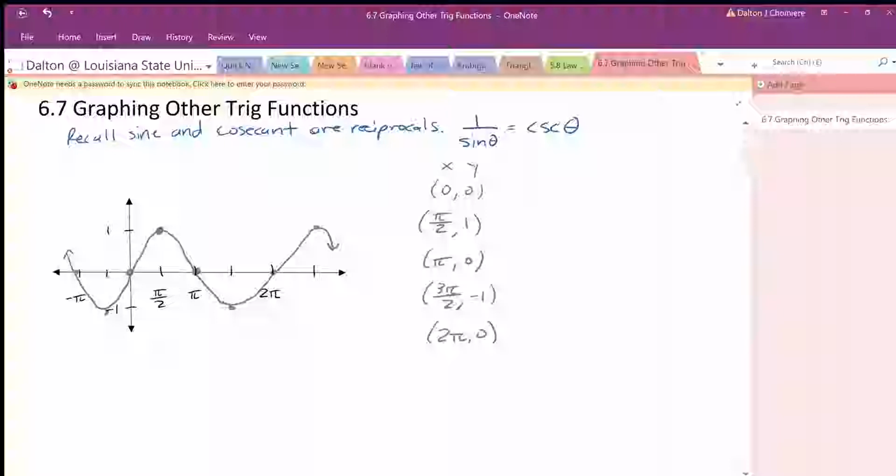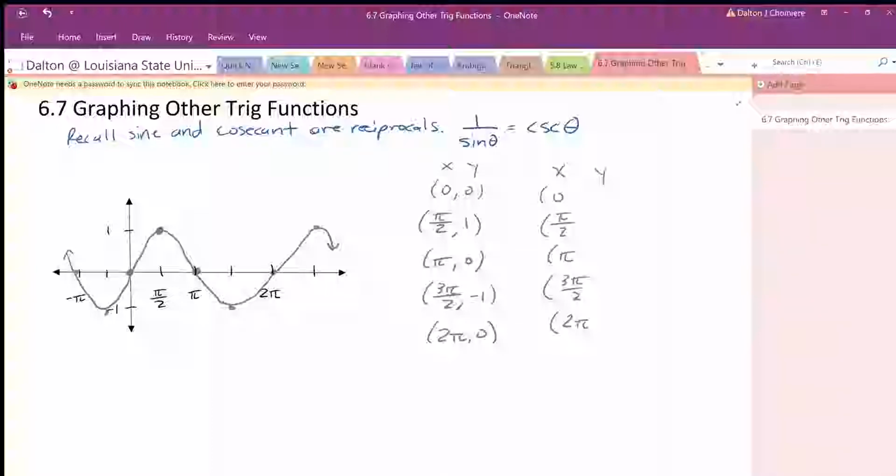Now, reciprocal means 1 over the value, right? So we still have the same x values. That doesn't change because we're still graphing on the same coordinate plane. So I still have the same x values of 0, pi over 2, pi, 3 pi over 2, and 2 pi. The reciprocal applies to the y value, because that's what sine is concerned about, the y coordinates.